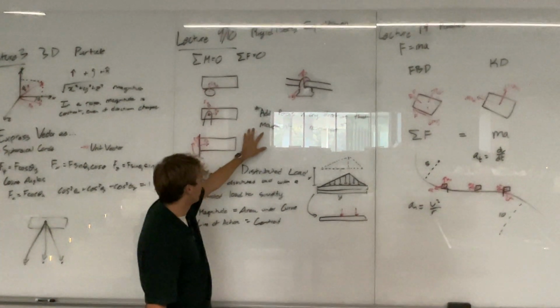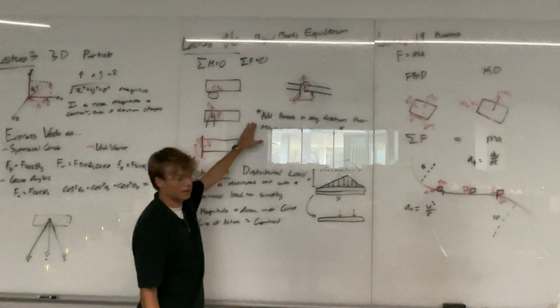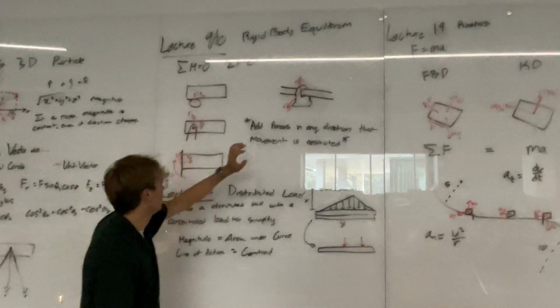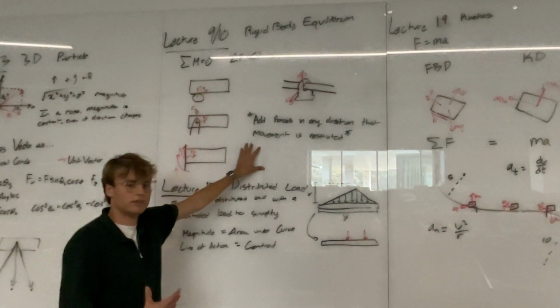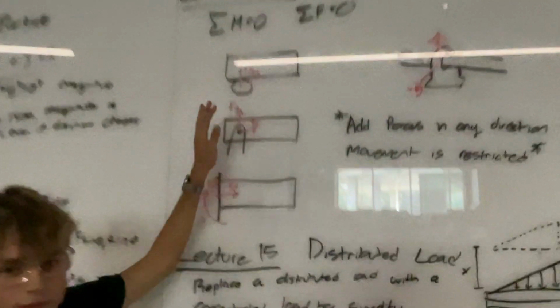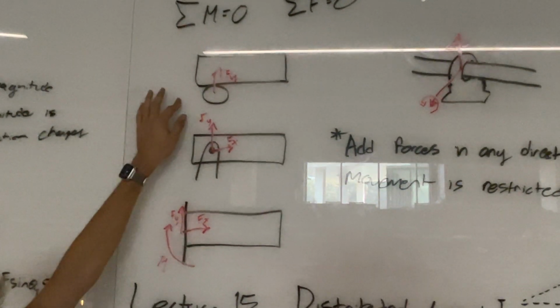And with the free body diagram, all you have to do is add the forces in any direction that movement is restricted. So we have some 2D examples and a 3D example. We're gonna be looking at where movement is restricted and where I'm gonna be adding forces and moments. If we look at this first one, this is a roller. It's like a beam on a roller. This is often used in bridges and whatnot.